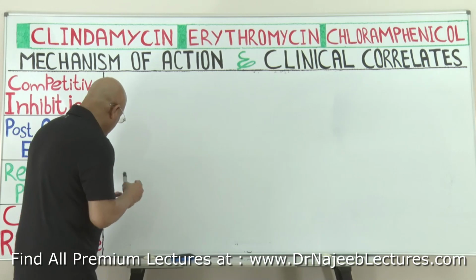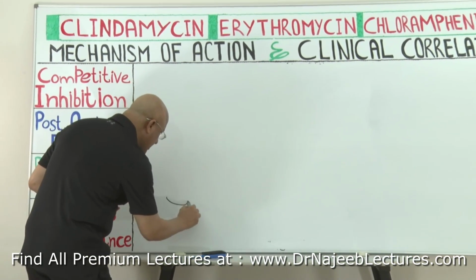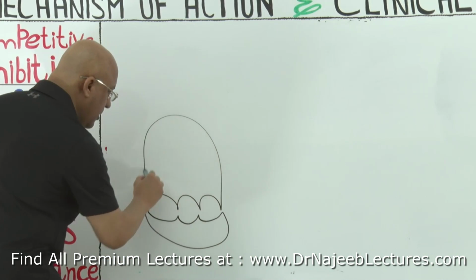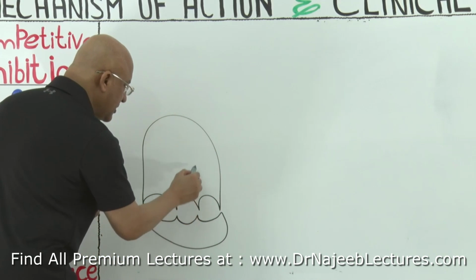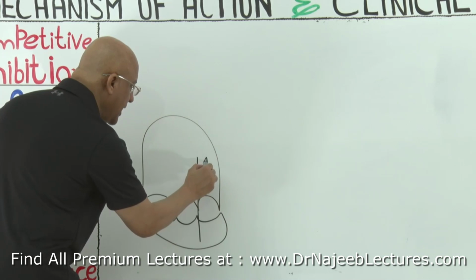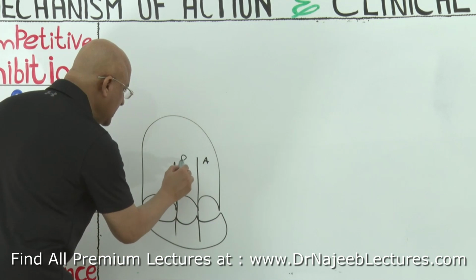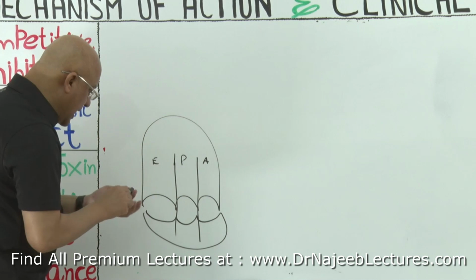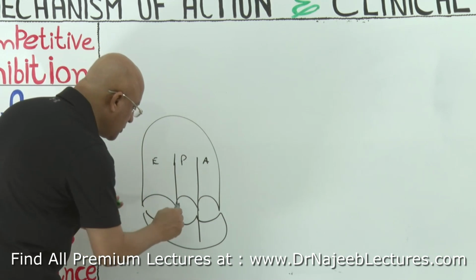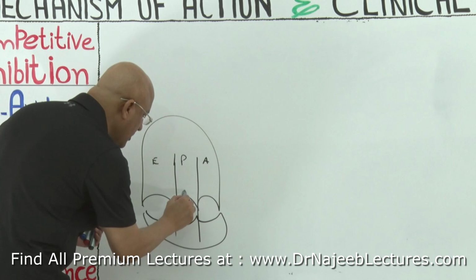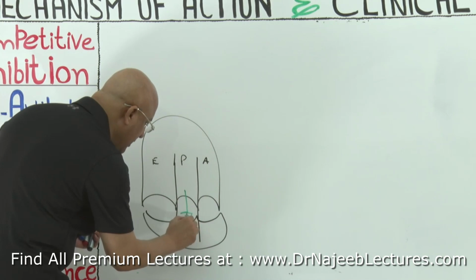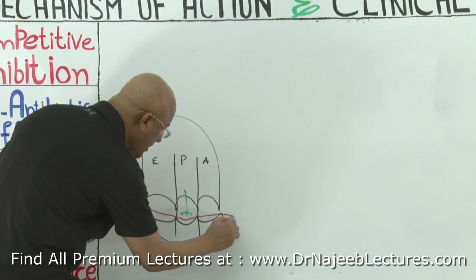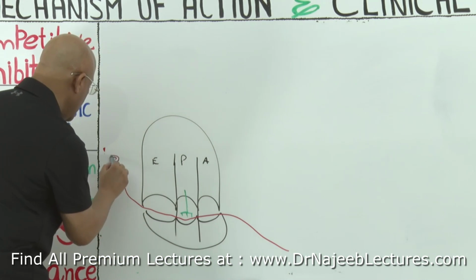Let's come back very rapidly. What is this drawn? 30S. What is it? 50S. What was this area? A. This was P. This was E. And previously we had a transfer RNA here, of course not possible without messenger RNA.